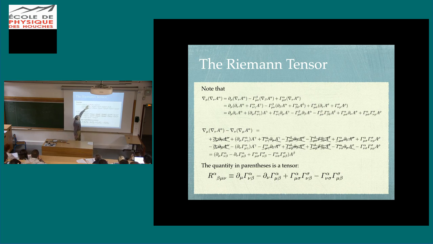And so you see what I did here. I expanded out this tensor gradient. So I've got to take the ordinary partial derivative and then a Christoffel symbol for the beta and a Christoffel symbol for the nu, and then I'm going to expand out the inside here, and I get a whole bunch of terms, and I'm not going to go through that step by step, but you can.